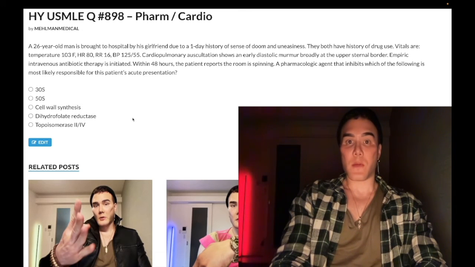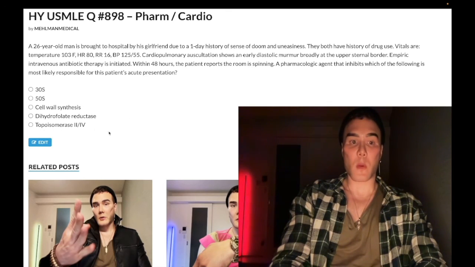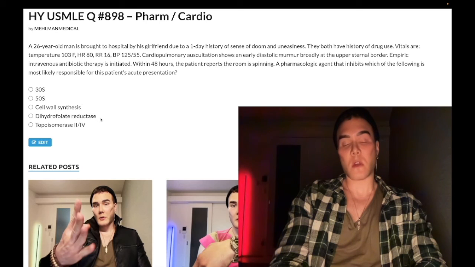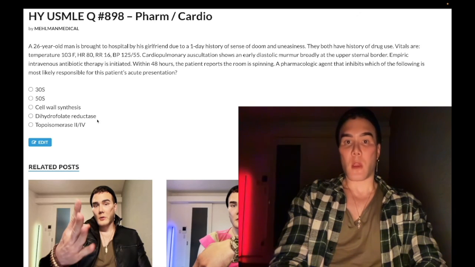Wrong answer. Real quick, for methotrexate, for dihydrofolate reductase inhibition, you need to know that it can cause pulmonary fibrosis and bone marrow toxicity, neutropenia with mouth ulcers. Wrong answer.